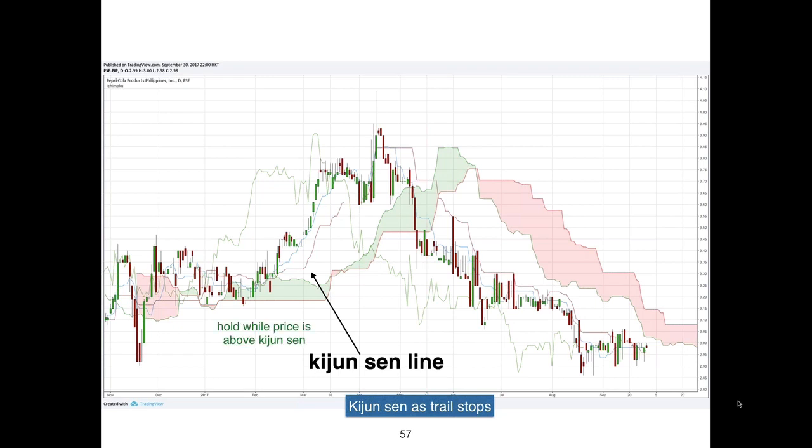So it's a more efficient trend line than regular straight lines where you connect the bottoms. So as a trail stop, you just hold while price is above the Kijun-sen. And if price breaks below the Kijun-sen, then that would be your sell signal.